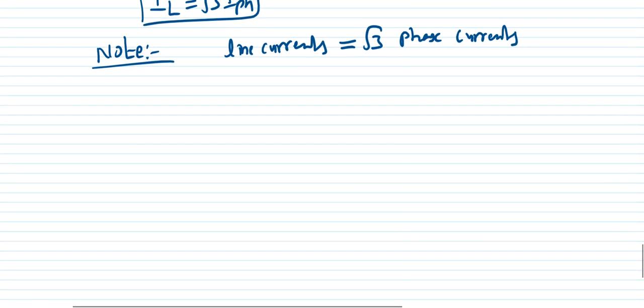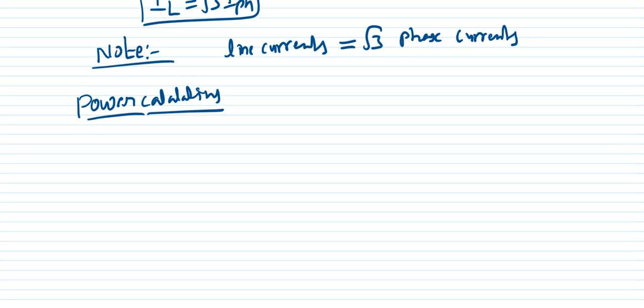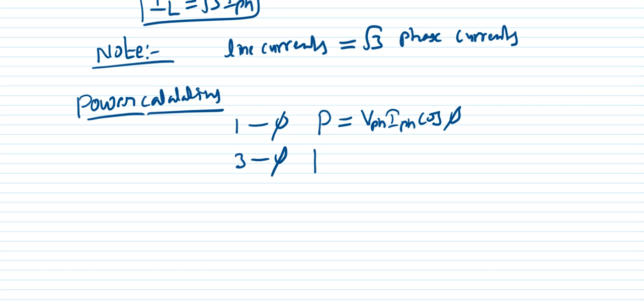Now after this we'll go for the power calculation. The power calculation is the same for the delta connection as well as for the star connection, because both have the same power calculation. This is for single phase: V phase, I phase and cos phi. If you want it for the 3 phase circuit, whether delta connection or star connection, then P is equal to 3 into V phase, I phase and cos phi, isn't it?